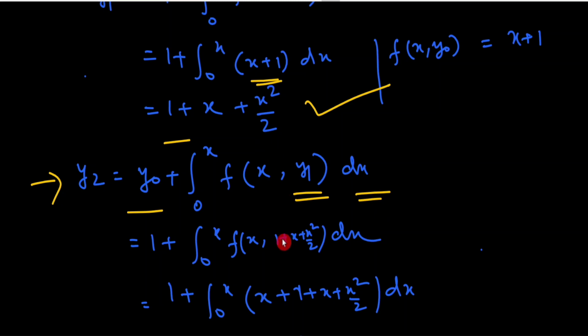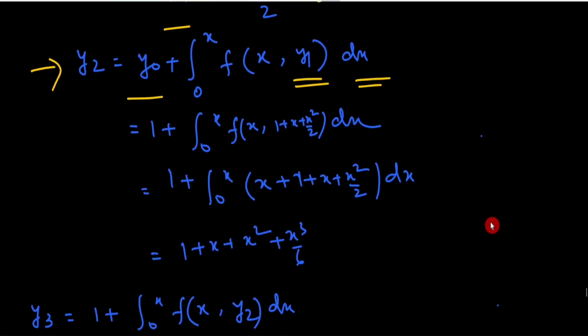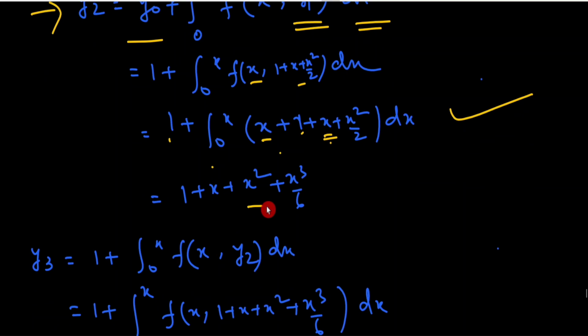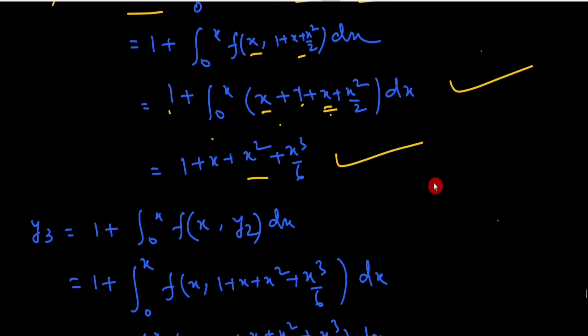Now put the value of y1 here, and since f of x y equal to x plus y, so this plus this is the total function. So 1 plus integration 0 to x of x plus 1 plus x square by 2 dx, and integrate, we have 1 plus x plus x square plus x cube by 6. This is the second approximation.